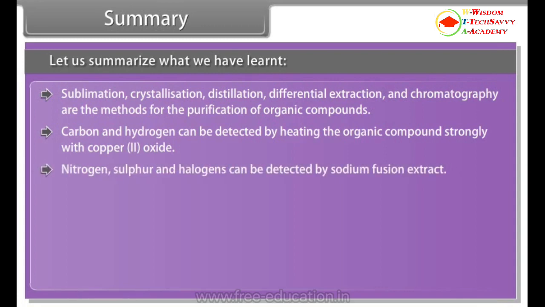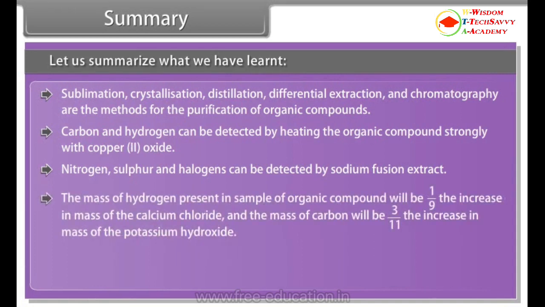Nitrogen, sulfur, and halogens can be detected by sodium fusion extract. The mass of hydrogen present in a sample of organic compound will be 1/9 the increase in the mass of calcium chloride, and the mass of carbon will be 3/11 the increase in mass of the potassium hydroxide.